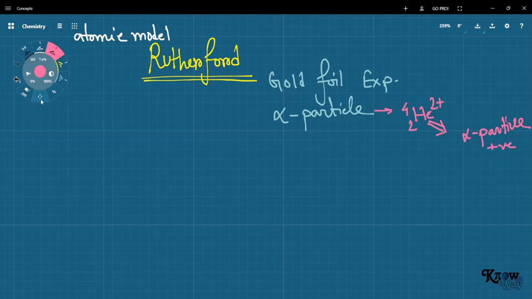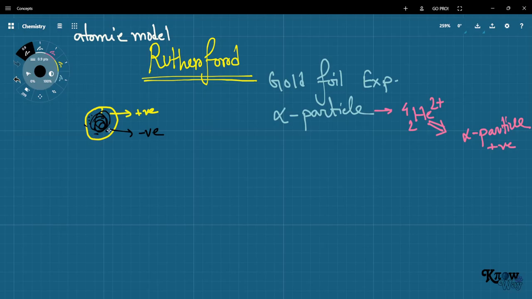And why did he use it? We knew earlier that in the atom there is a positively charged part, and inside there is a negatively charged part roaming around.